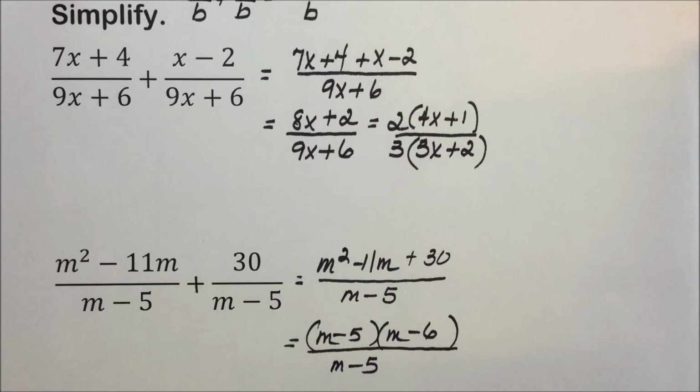And now, looking at our rational expression, we do have a common factor of m minus 5 in the numerator and the denominator, which cancels out, leaving us with 1 times m minus 6, or just simply m minus 6 for our simplified rational expression to this addition of rational expressions.